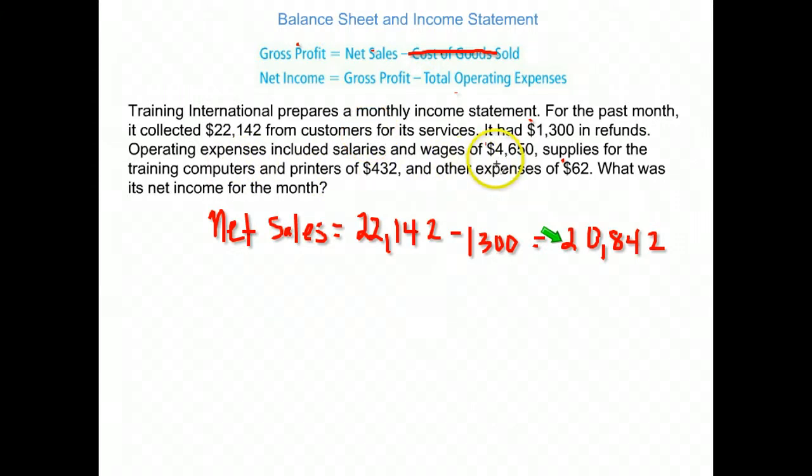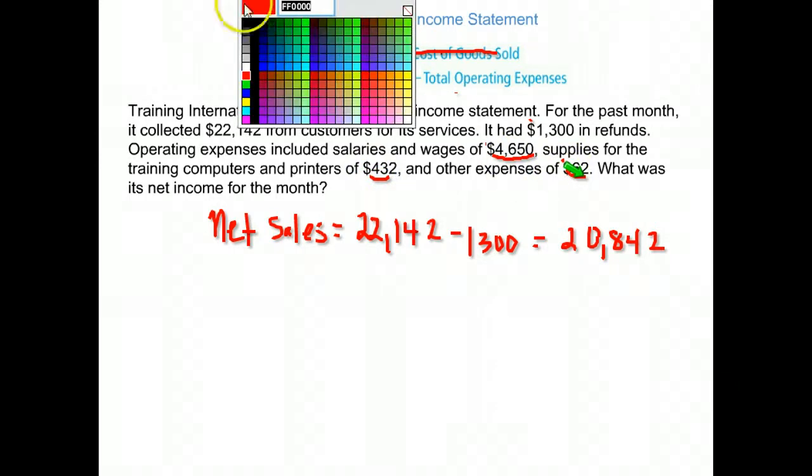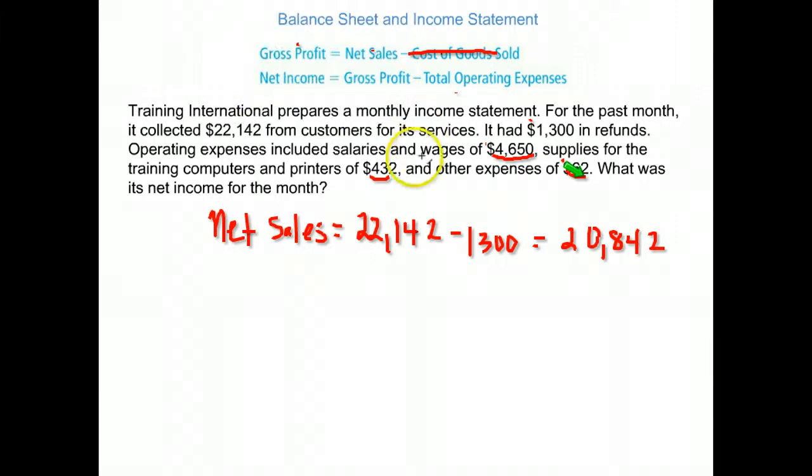So operating expenses include $4,650 for salaries, $432 for supplies, and $62 for other expenses. So let's total those. Okay, so we are going to add together the $4,650, the $432, and the $62, and that will be our operating expenses.